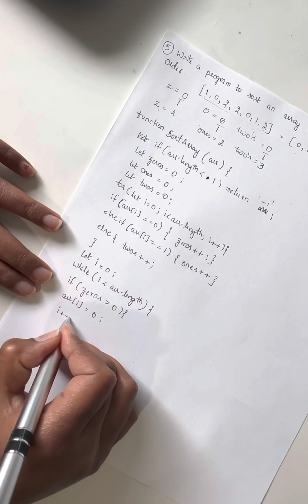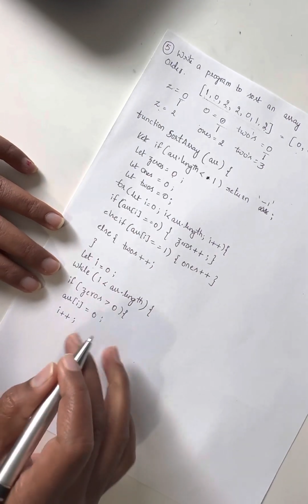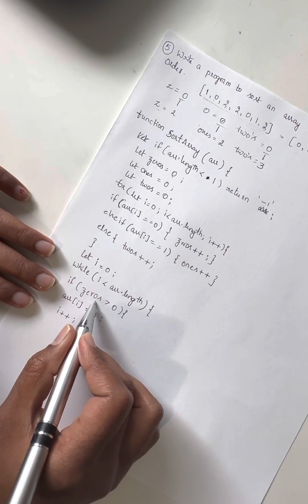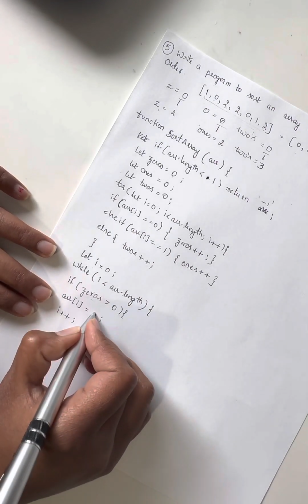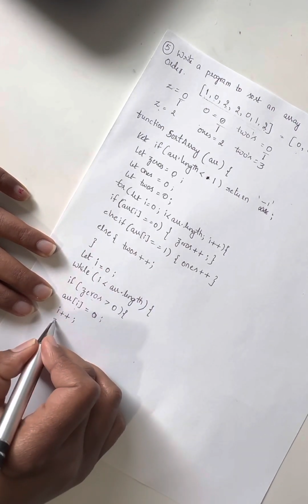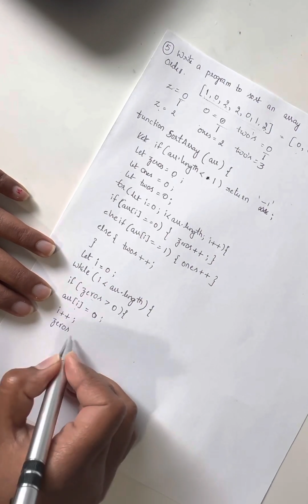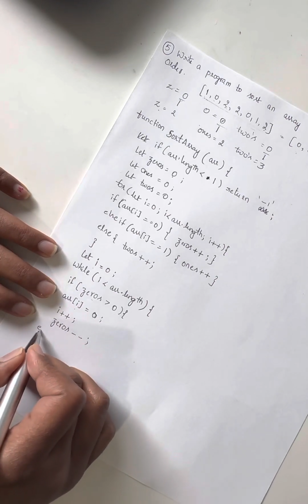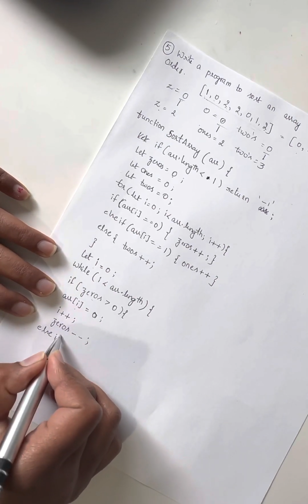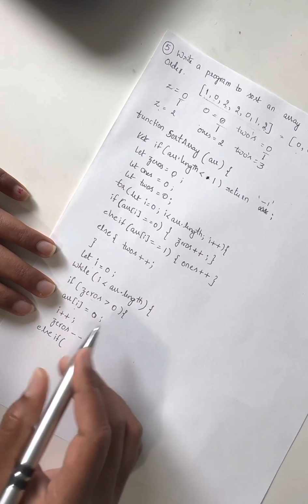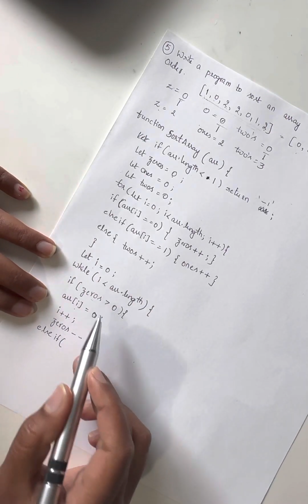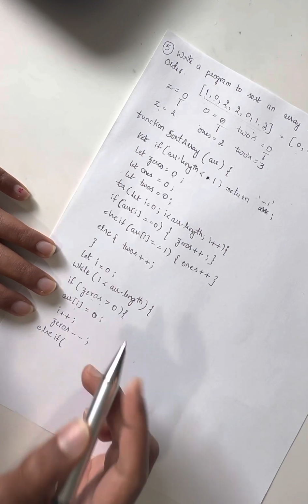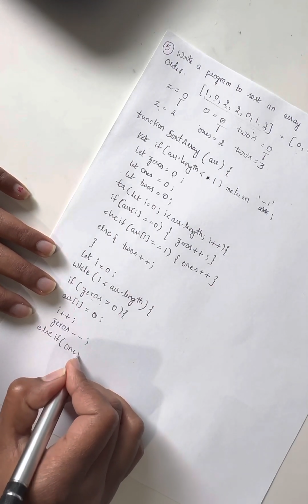Then I will increment i, and here we just used one 0 at array[i], right? So we need to decrement the count of zeros. Else, if zeros is not greater than 0, then we check for ones.